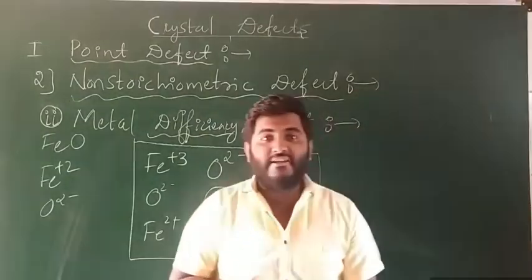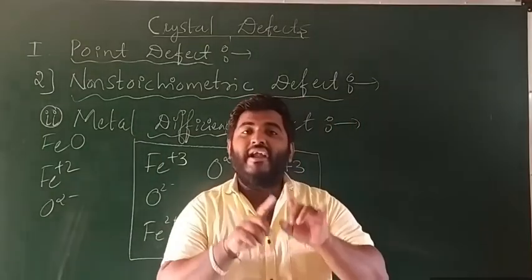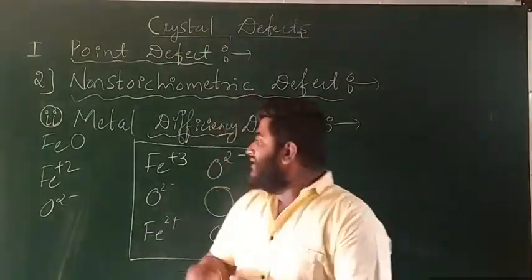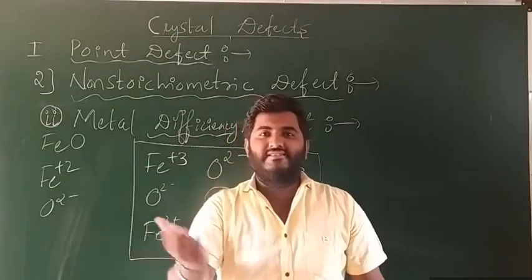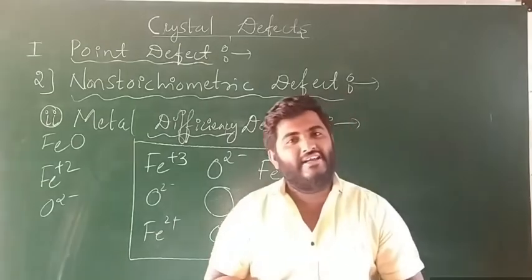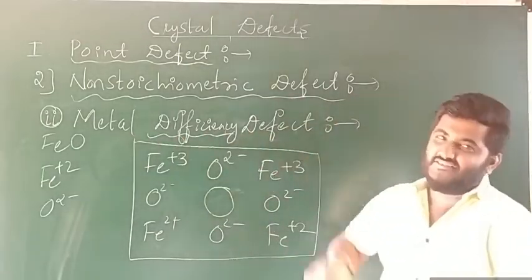Metal deficiency defect is one in which some of the metal ions are missing. To maintain electrical neutrality, the other metal ions change their valency to a higher valency. Such types of defects are called metal deficiency defect.